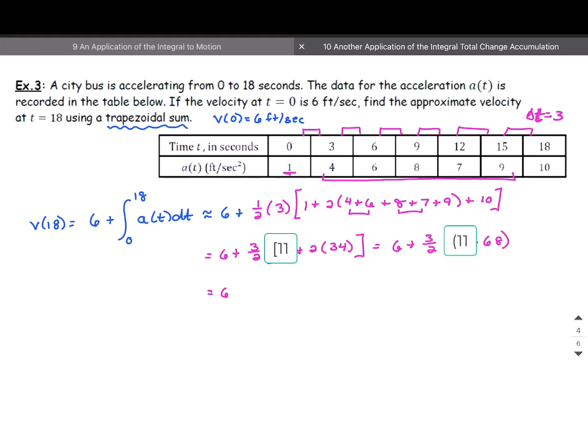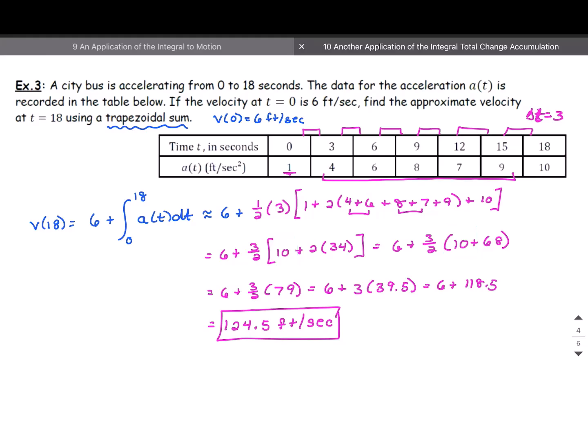So now we're looking at 6 plus 3 halves times 79. 79 divided by 2 is 39.5. So 6 plus, if I multiply by 3, 118.5, and then we add 6, that's 124.5. The units are feet per second. Don't forget those units on your answer.